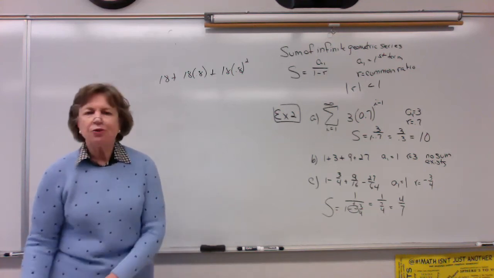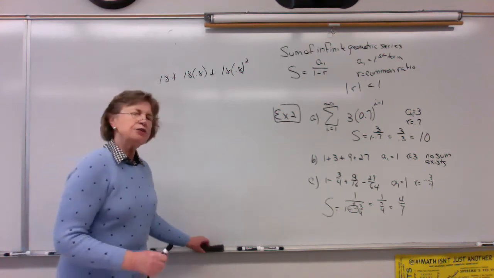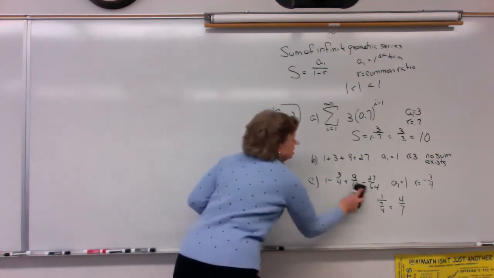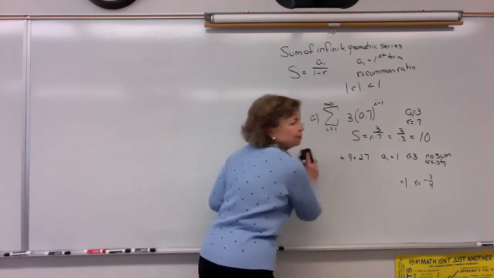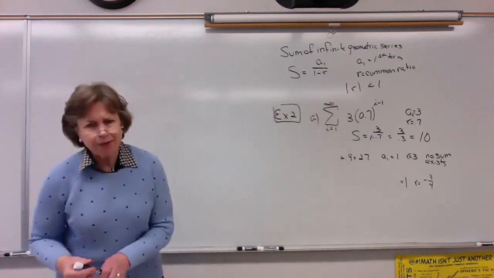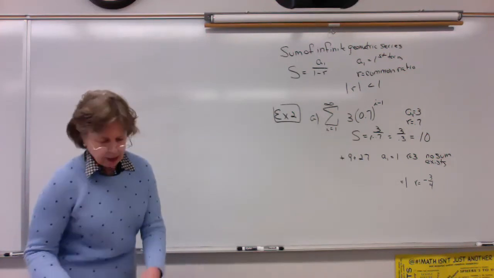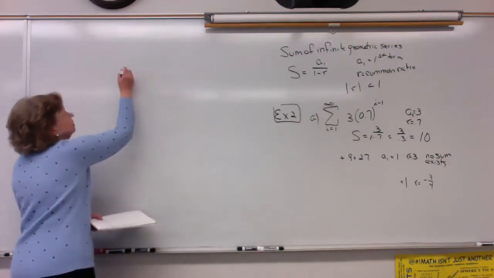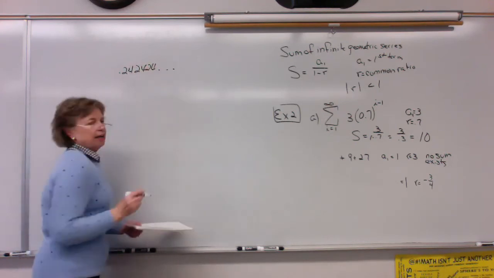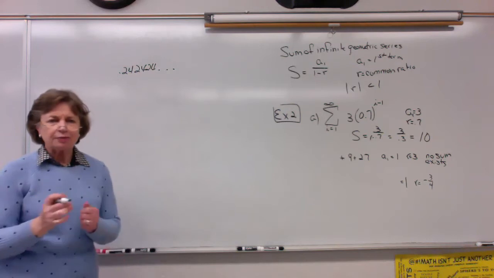And then example 4, I wanted to look at because you did writing repeating decimals as fractions. You did this before, probably in pre-algebra or maybe algebra 1, I can't remember whether we did that there, but for example, I've got 0.24, 24, 24, forever, and the job was to turn that into a fraction.